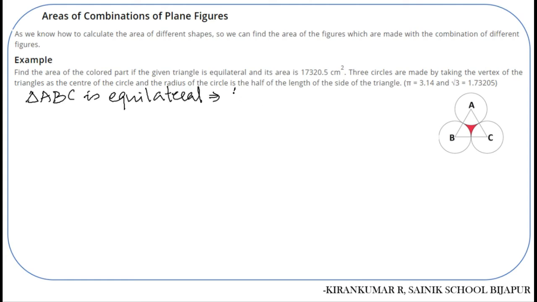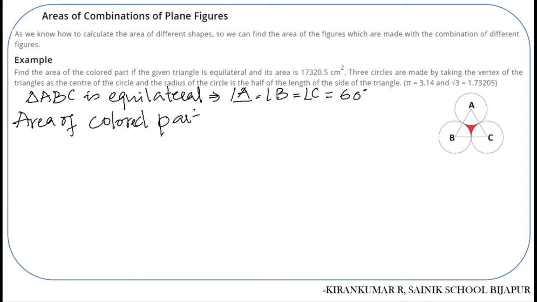If it is an equilateral triangle, all the angles, angle A, angle B, angle C, are 60 degrees each. Here we need to find the area of the shaded or colored region. This will be equal to area of triangle minus area of three sectors.